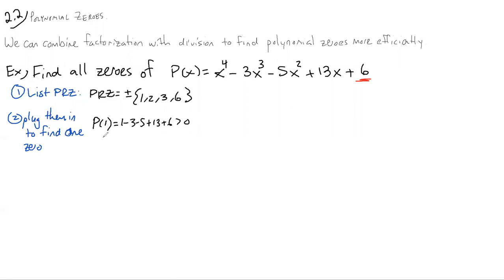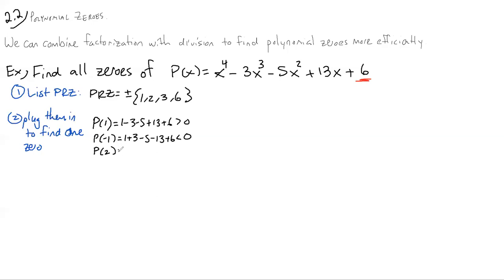That's too big. P of negative 1 is 1 plus 3 minus 5 minus 13 plus 6. That looks to be too negative. P of, I guess I'll try 2. Don't have any of those ugly fractions for this one.